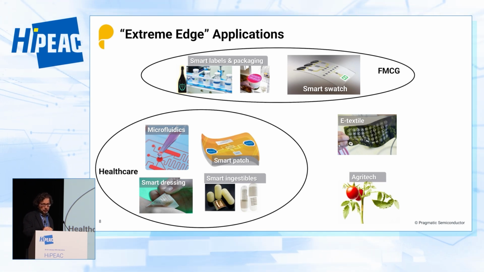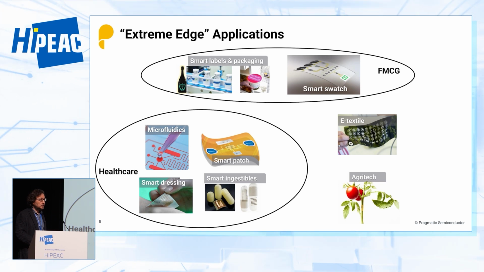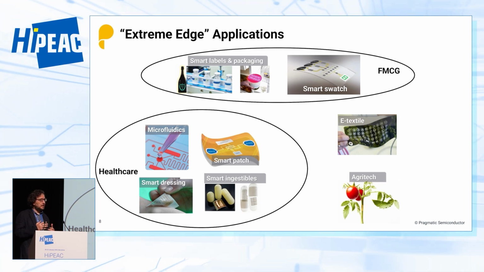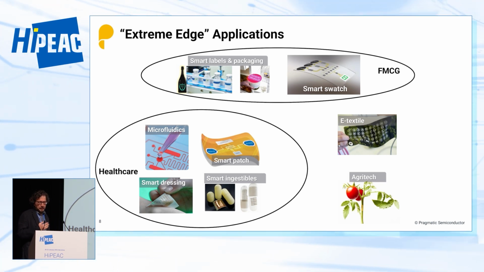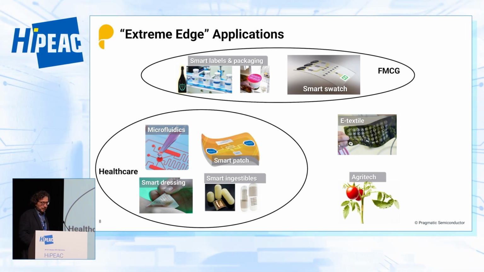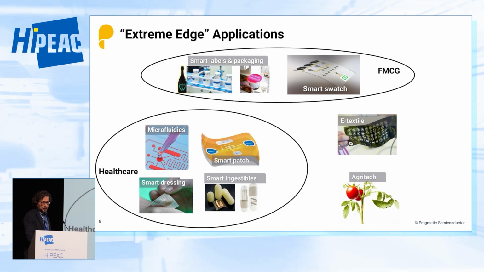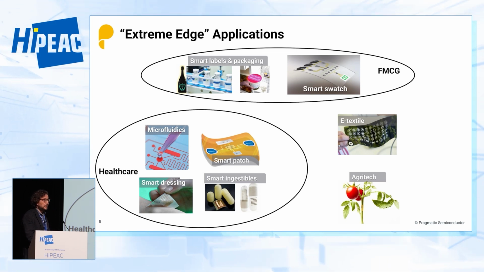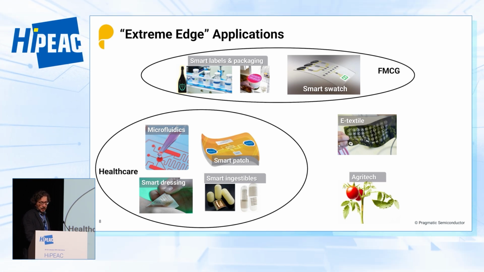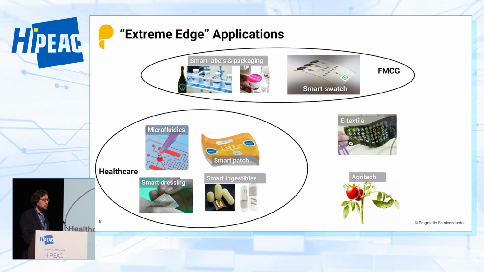The first one is FMCG, that is fast-moving consumer goods. These are the daily things we consume, like drinks and foods, etc. Smart labels and smart packaging are a good example where the FlexICs can be integrated. Smart swatches are more in personal care.